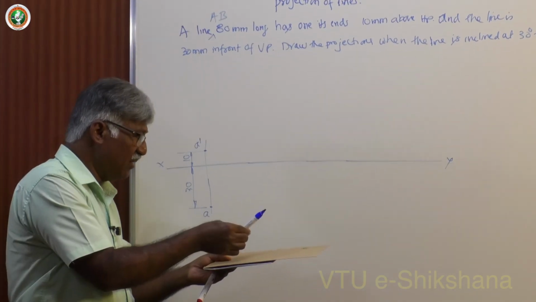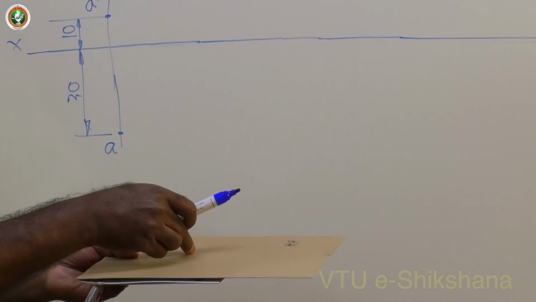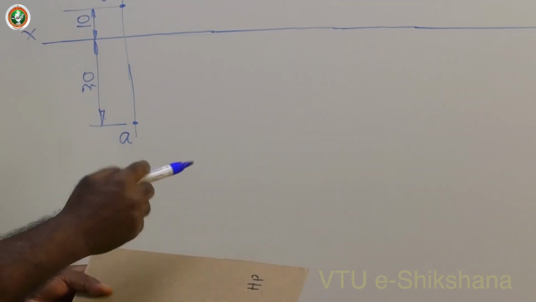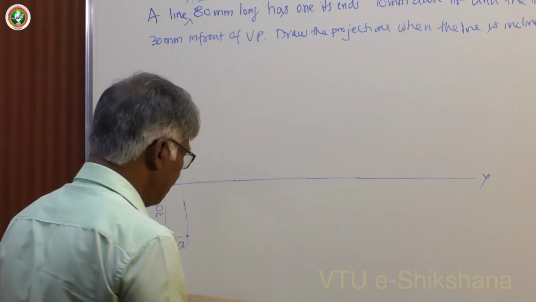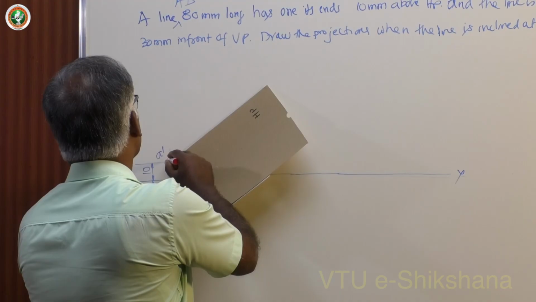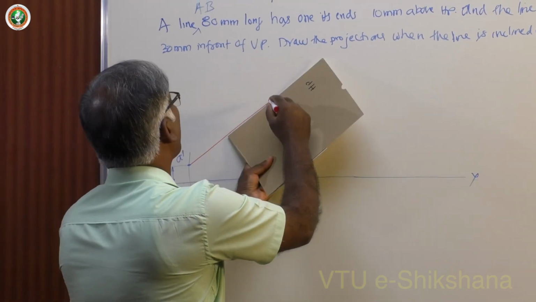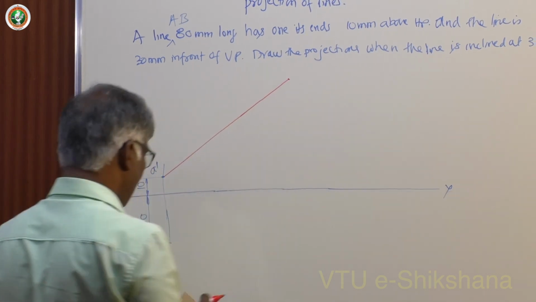So this is the line, you get true length here and you get apparent length on HP. Now first let me fix the 80 mm long line. Okay, this is 80 mm say.